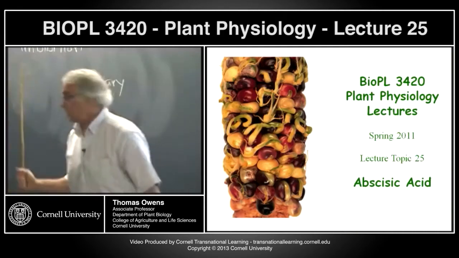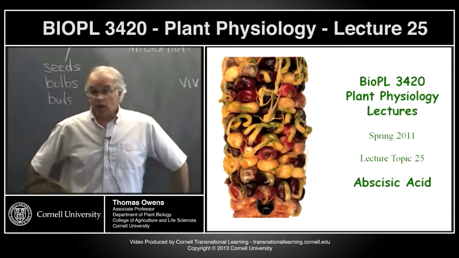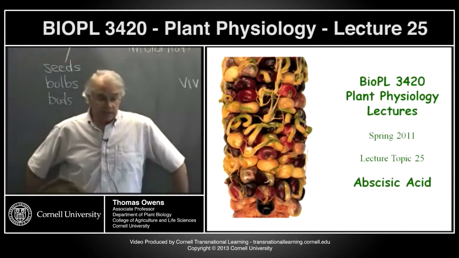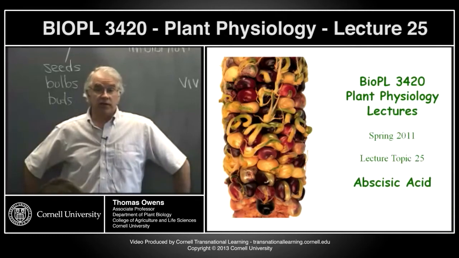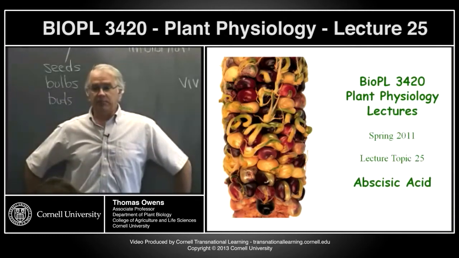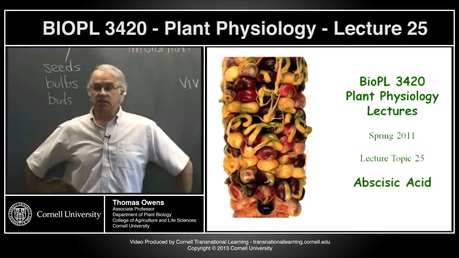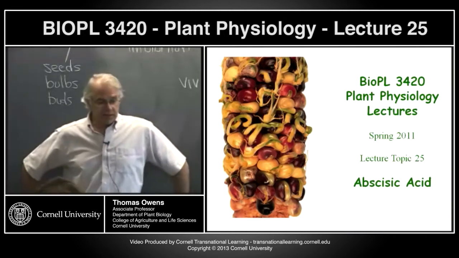One interesting thing that the textbook talks about, that we'll cover briefly in a few minutes, is the possibility that ABA is not unique to plants. We have ABA in us. ABA plays a role in stress responses in lots of different types of organisms: yeast, flatworms, and humans, as well as plants.